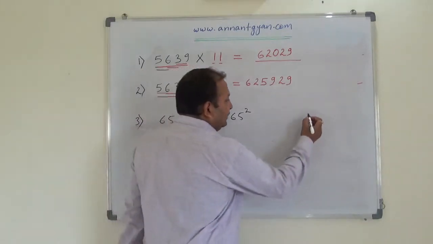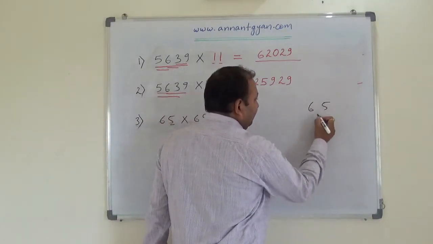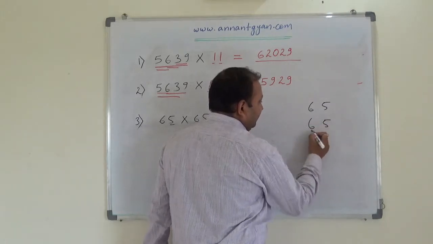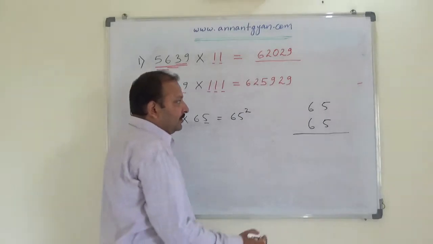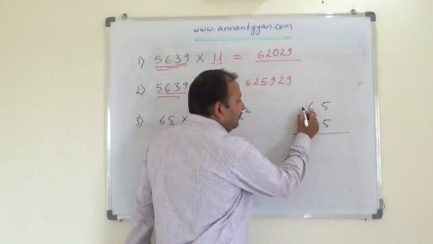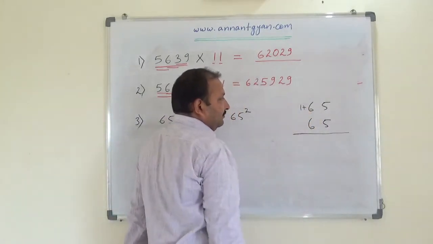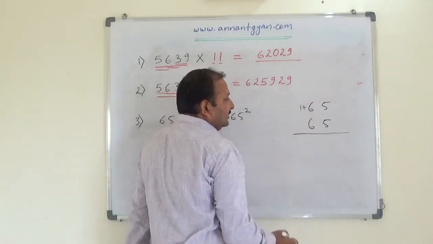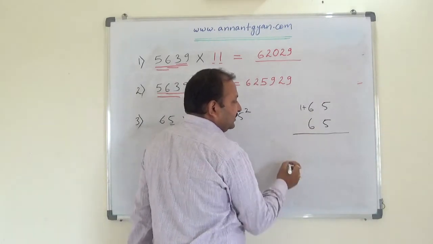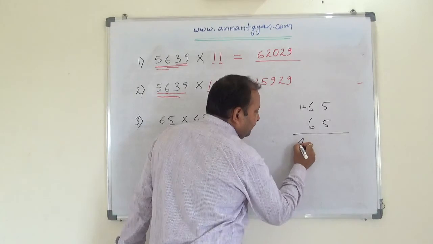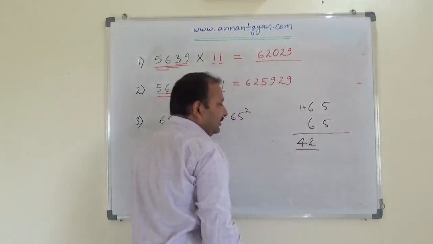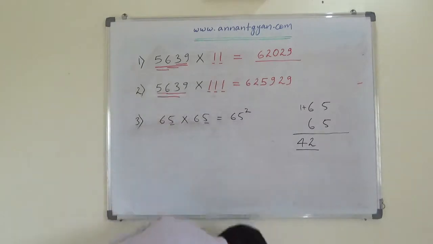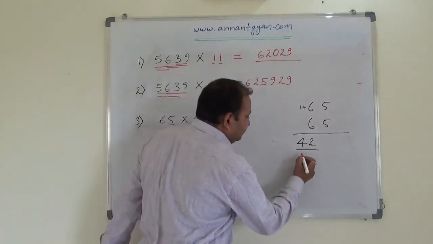So 65 into 65. There are two steps to get this answer. The first step, we shall add 1 with the 10th place of this number. So 6 plus 1 is 7. 7 into 6 is 42. So I shall write this 42 on the left hand side of the answer.